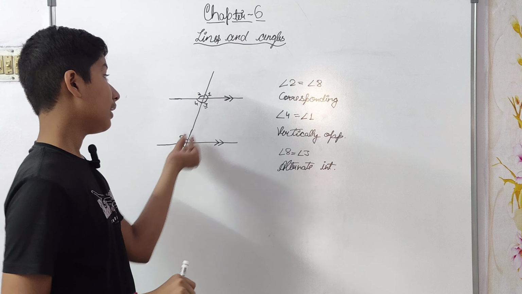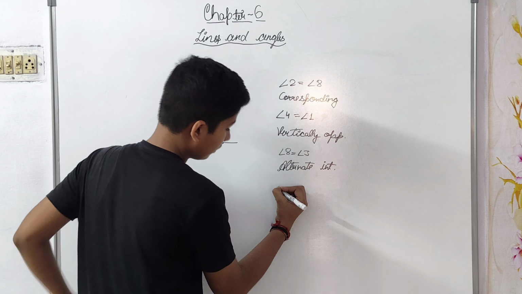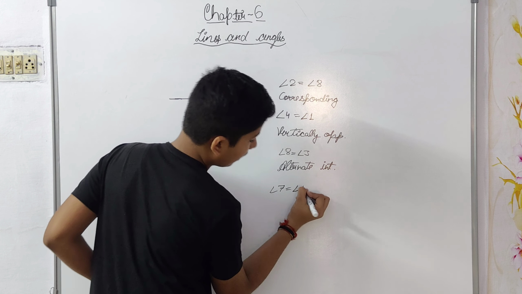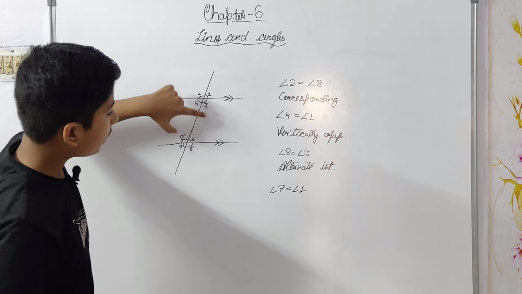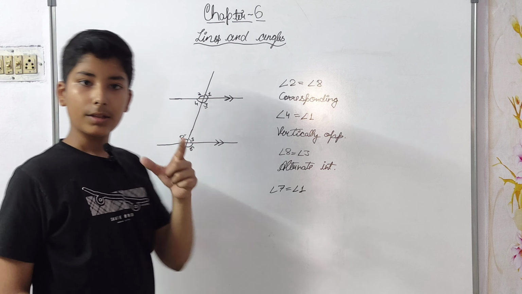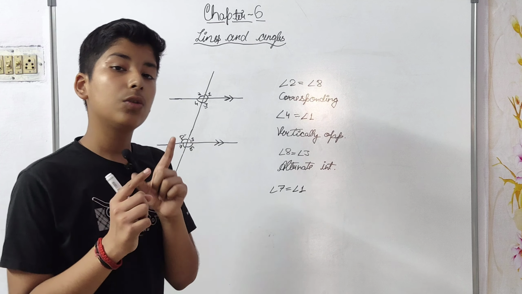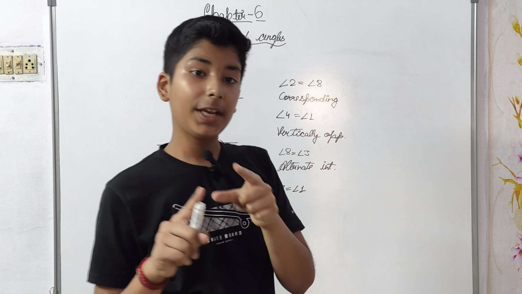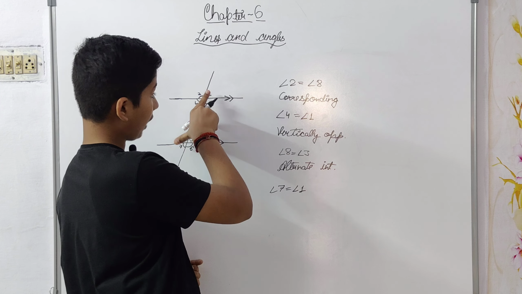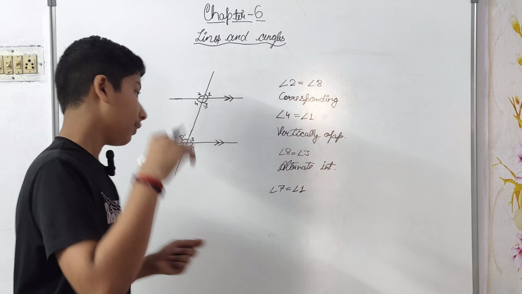But angle 7 equals angle 1. How is this possible? We know that these two are equal, so how can these two be equal? This relation is known as alternate exterior. This was the alternate interior side and this was the exterior side, meaning they have more difference.